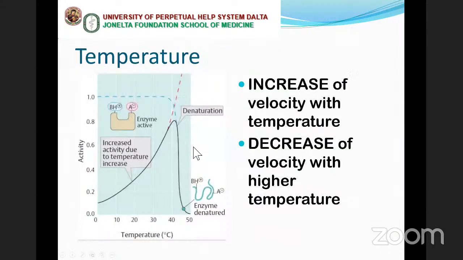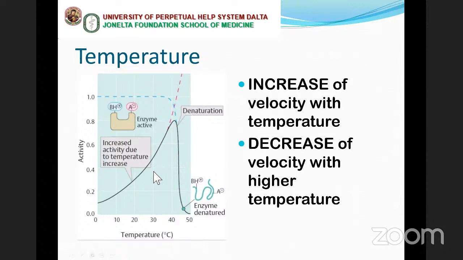Okay. Another factor would be your temperature. Of course, we know that as temperature increases, velocity of your substrates would be in a very excitatory state. So the increase of velocity increases your activity. Okay. However, there's a narrow window as it reaches your higher temperature.